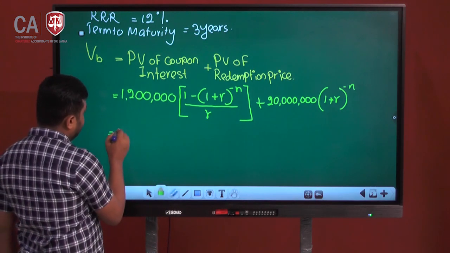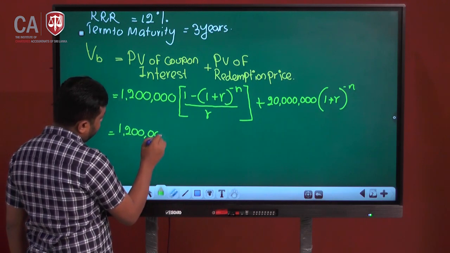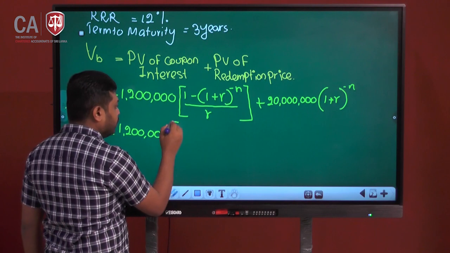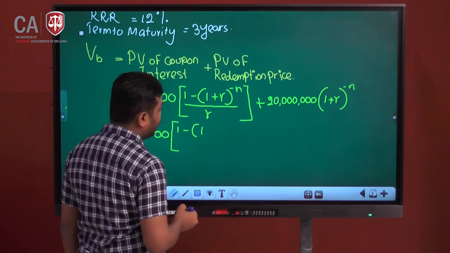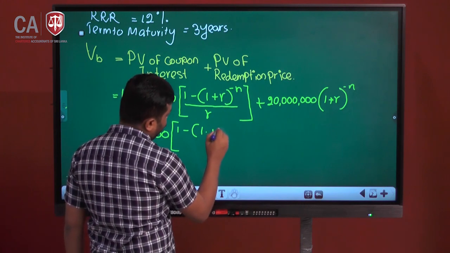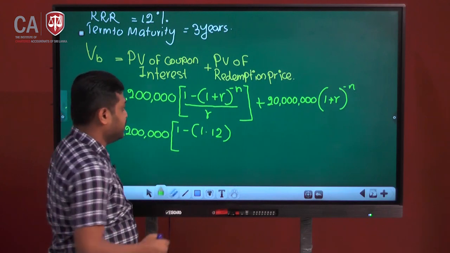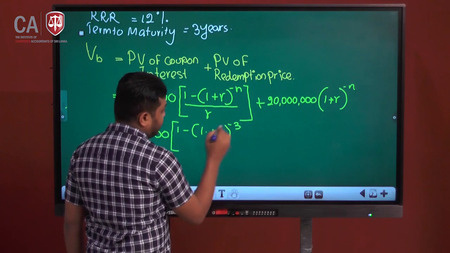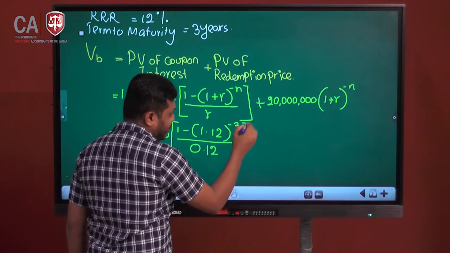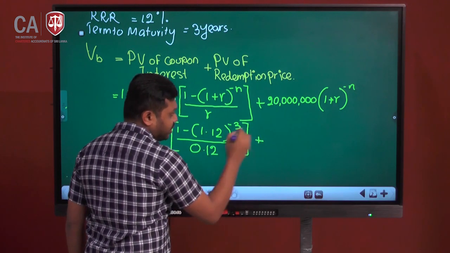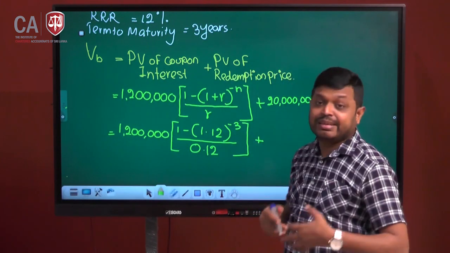Then here, 1.2 million into 1 minus 1.12, where r is 12%, power minus n, number of periods 3 years, divided by 0.12, that is the annuity factor, plus the present value of 20 million, which is the redemption price.